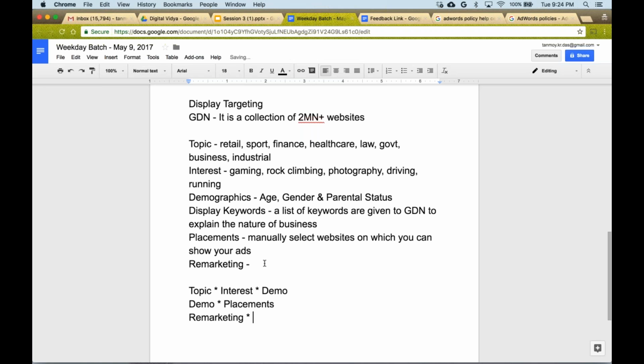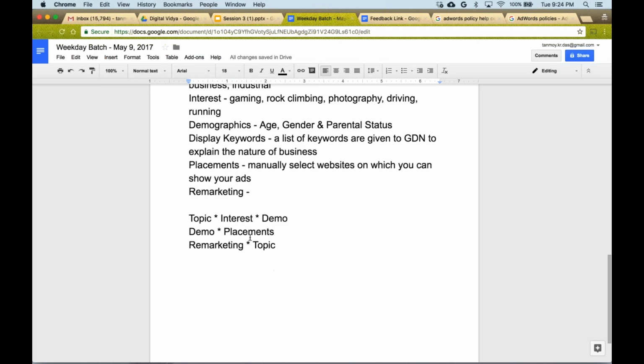Whatever you want, you can do a combination of, according to your business needs. Now the important piece of information to pay notice to is the combinations which we are doing out here. What I'm writing out here is topic into interest into demographic. We are not adding them, we are doing a multiplication. If you remember your Venn diagrams from school, college, it's like three circles.